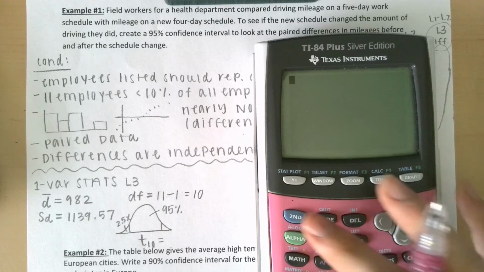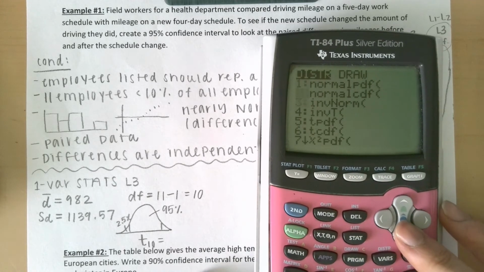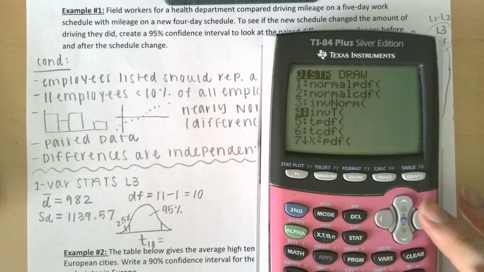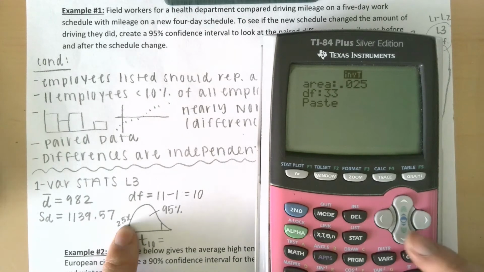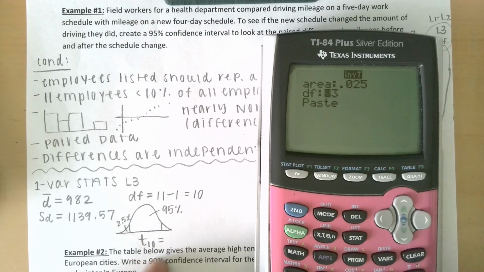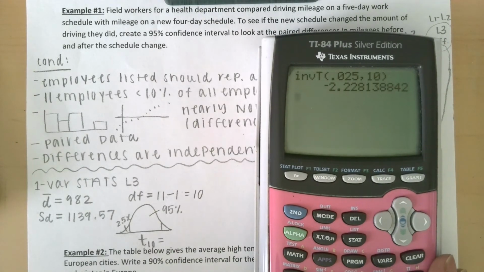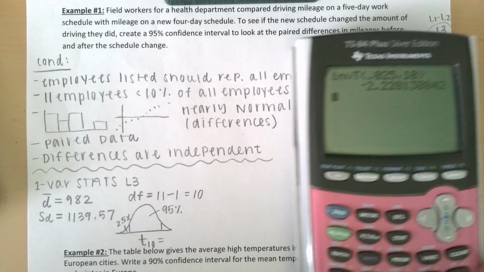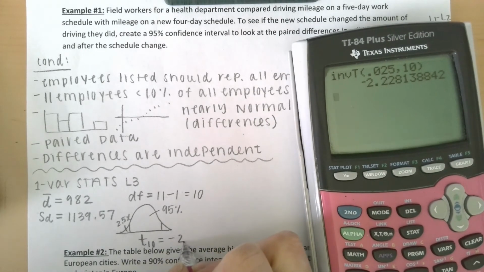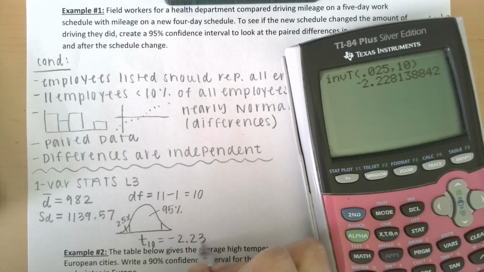Okay, so I'm doing second vars, going down to inverse t. My area is 0.025, degrees of freedom is 10. Gives me a t of negative 2.23.